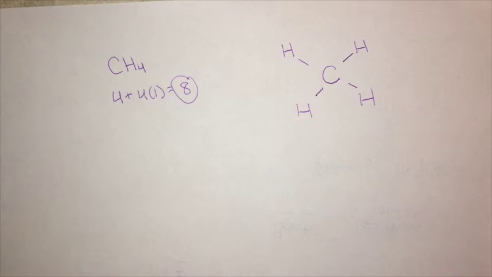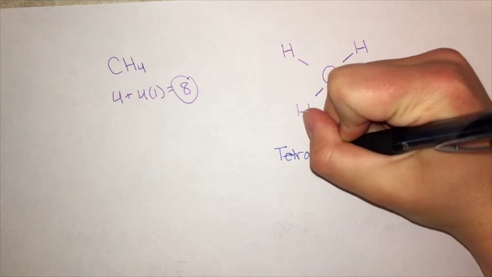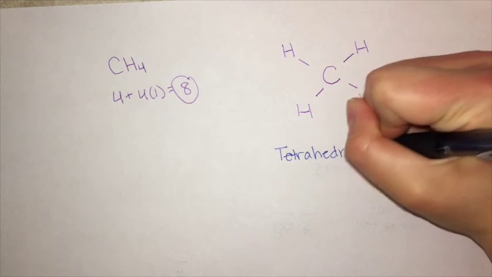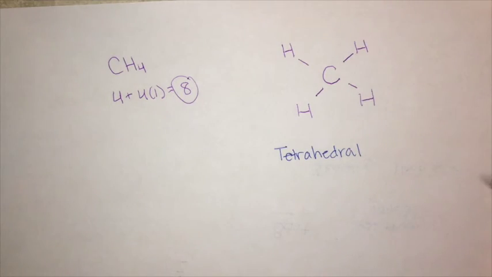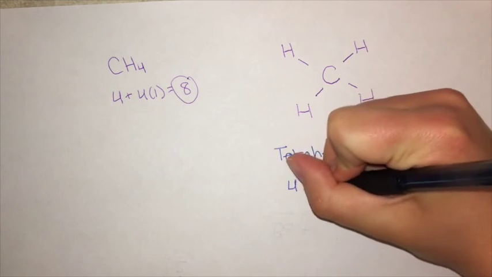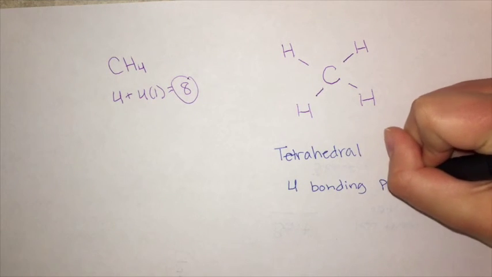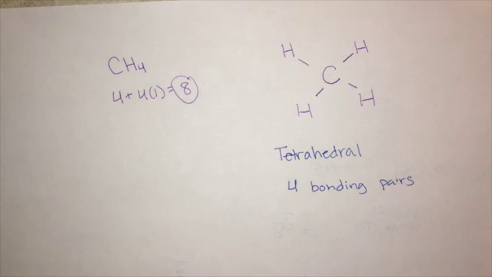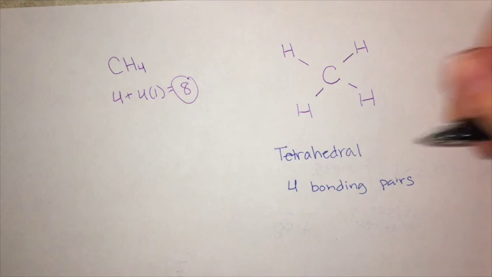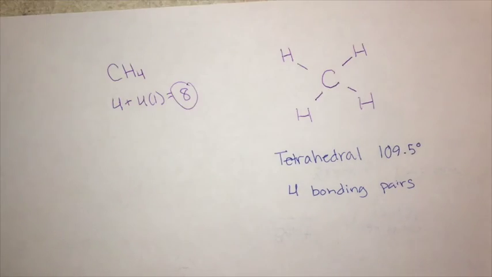For CH4, we're going to have a tetrahedral, because we have 4 bonding pairs and we don't have any lone pairs here. And we know that the angle for tetrahedrals is 109.5 degrees. So this is our molecular geometry for CH4.